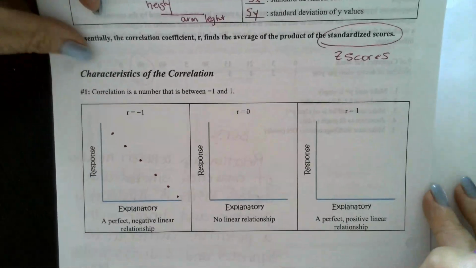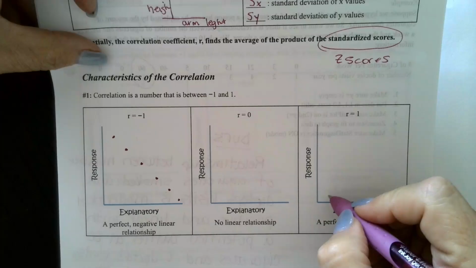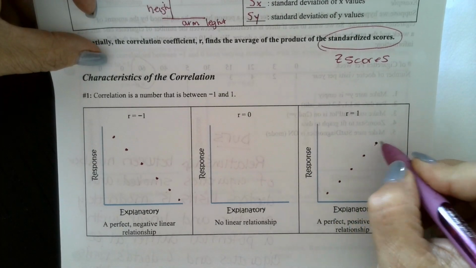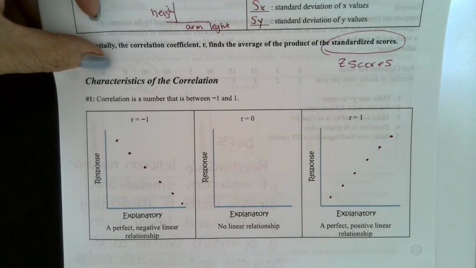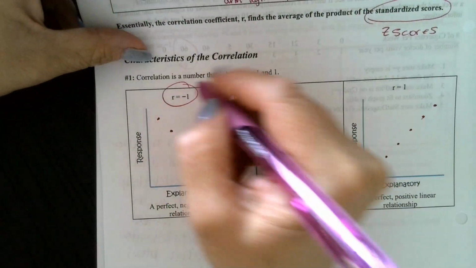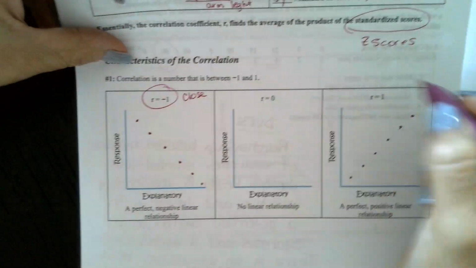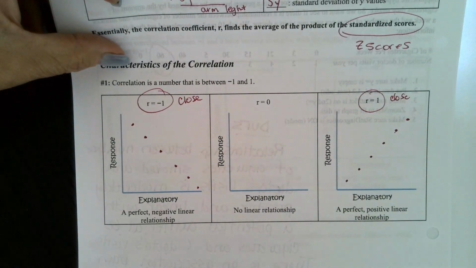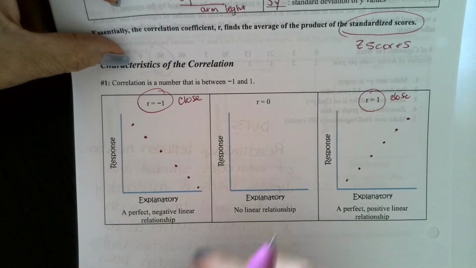The flip side is if we have r equals +1, then we have the same thing, a perfect linear relationship. What we want to see on a scatter plot is values as close to -1 or as close to +1 as we can. That's really what we're looking for. That means we've got perfect data.